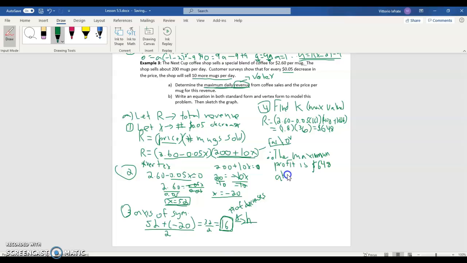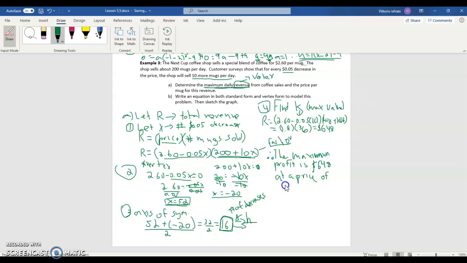at a price of, now don't put $16 per mug. This is how many times you've dropped it. So the price is really this here. The price is 2.6 minus 0.05 times 16.